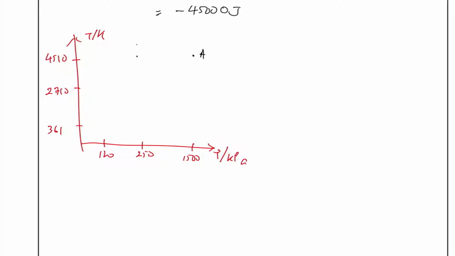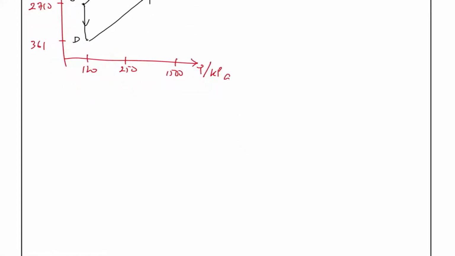So this is B. C is at pressure 120 and temperature 2710. So this is C. Okay, and D is at the same pressure but lower temperature, at D here. Okay, so once you have this, you can just join in nice straight lines, which I can't draw freehand. Can go down to here and then back up to here. Right? So this is your T versus P graph.